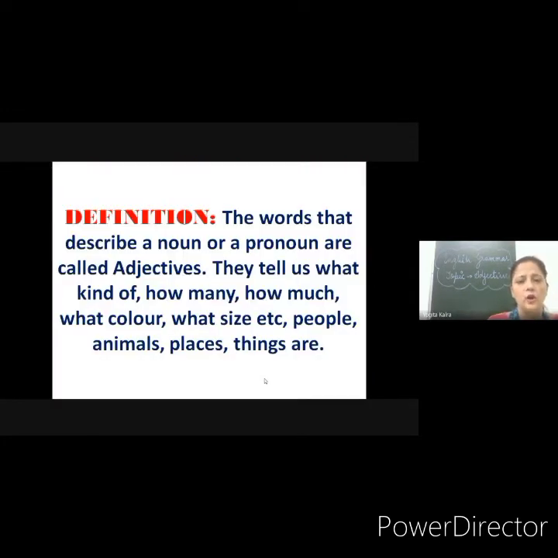The definition of the adjective says that the words that describe a noun or a pronoun are called adjectives. They tell us what kind of, how many, how much, what color, what size, etc. the people, animals, places, or things are. So, adjectives are describing words. In short, we can say that they are the describing words.